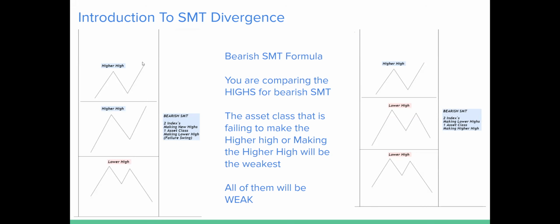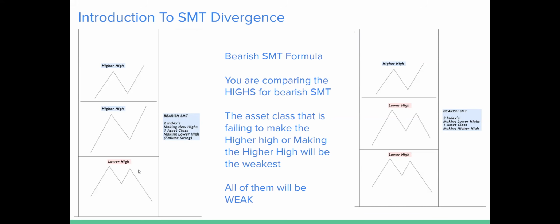So let's say I'm already looking for lower prices on the day, and I see some type of correlation where ES is making a higher high, NQ is making a higher high, and Dow Jones fails to make that higher high, and it starts to trade off lower, NQ starts to trade off lower, and ES starts to trade off lower. I don't have that annotation here, but if they started to trade off lower, that's a bearish SMT divergence. So 2 indexes are making new highs while one asset class is failing to make that higher high. So it's a failure swing.